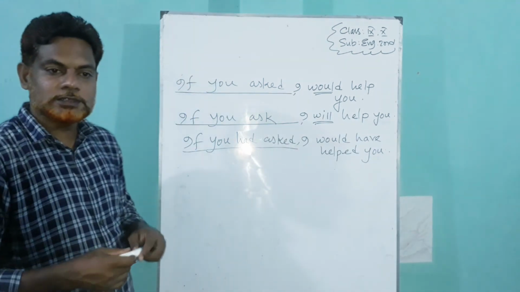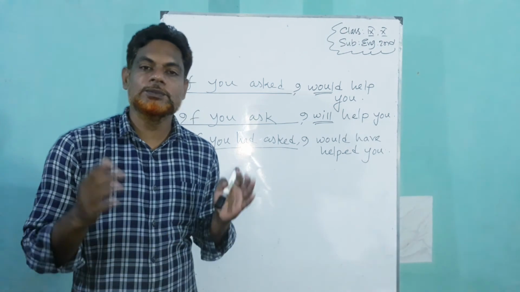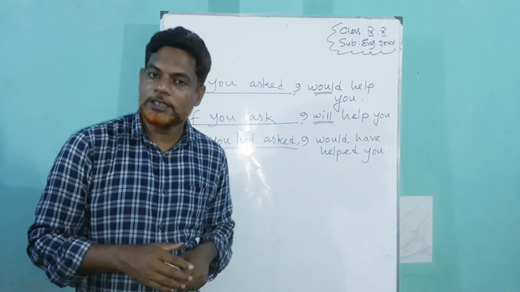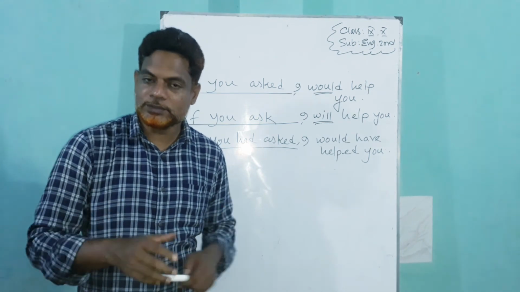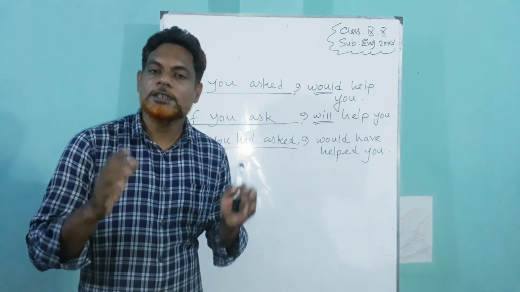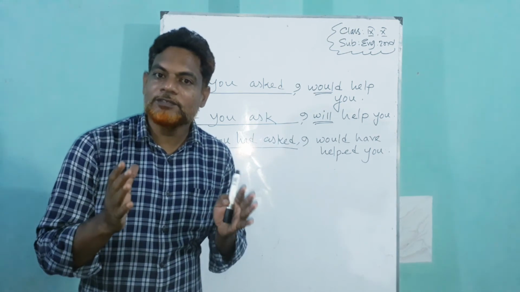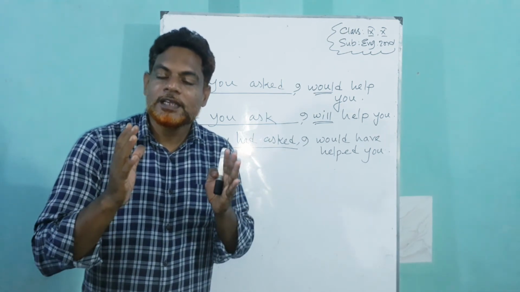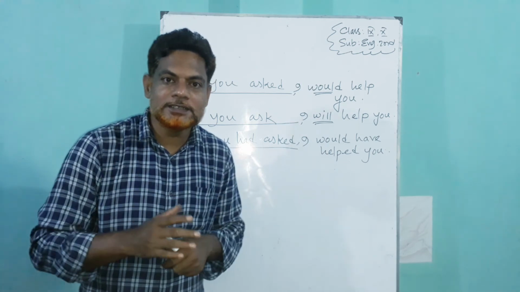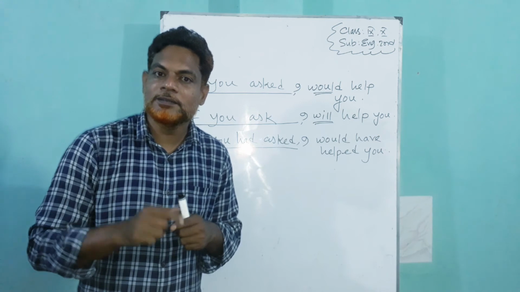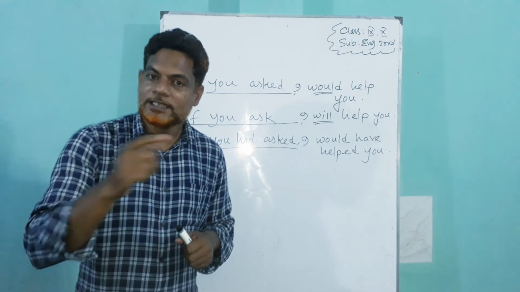So dear students, you have learnt how to use the conditions to complete sentences. Again I would like to remind you how we can identify the conditions. If there is if plus present tense, it is first condition. If there is if plus past simple, it is second condition.